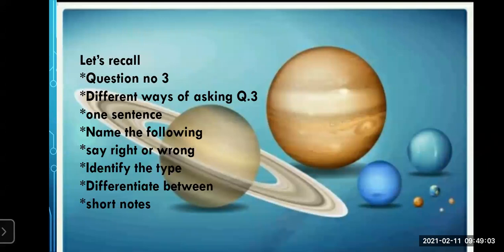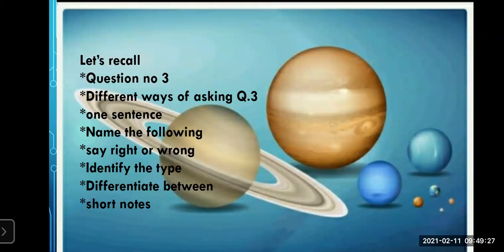Again, this question number 3 can be asked in a different way, that is right or wrong. That we have seen how the answers should be written and how many marks are allotted for that. Same 4 marks are allotted for that. And here also for say right or wrong, you have to attempt 4 questions out of 5.